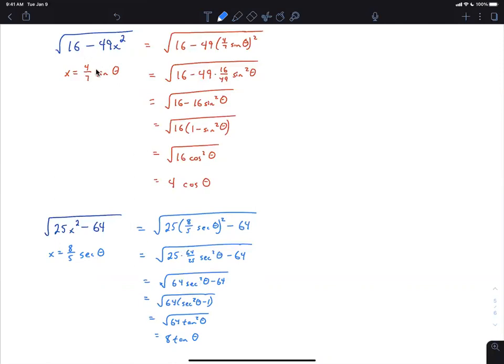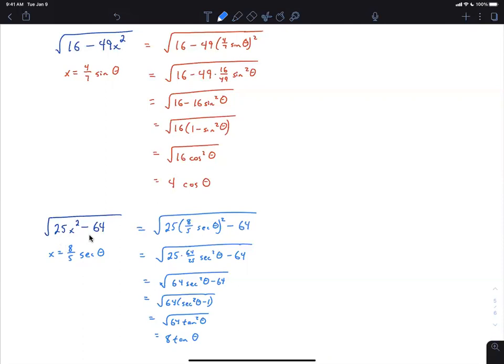Okay, so 7 in the bottom canceled the 49, 4 in the top got me the 16 that I wanted. Here on the next one, I was able to get rid of the 1 with x. So I can't mess with the 64, but I can mess with the 25. So I put a 5 in the bottom because I wanted to cancel the 25, and an 8 in the top because I wanted to end up with 64. Everybody clear?